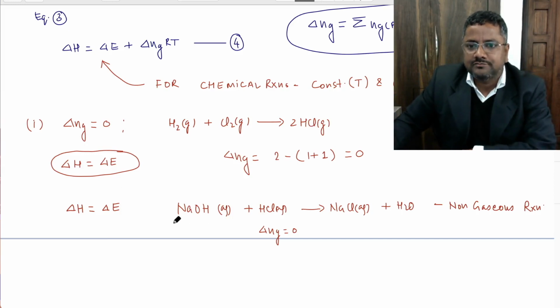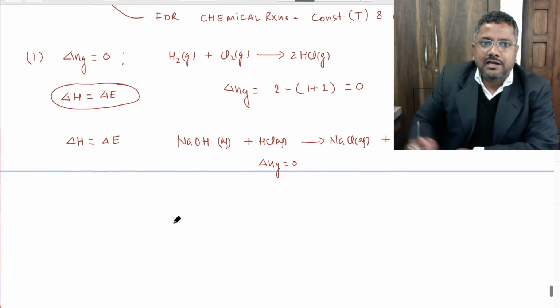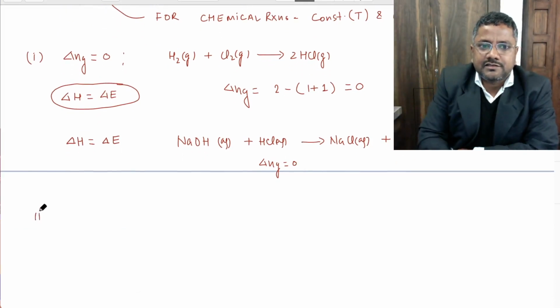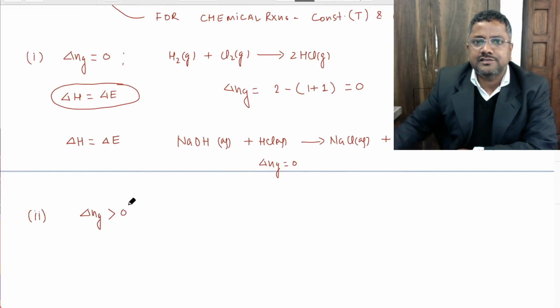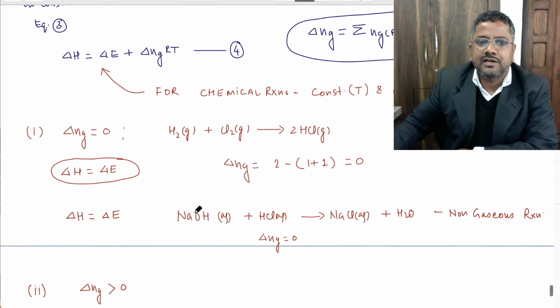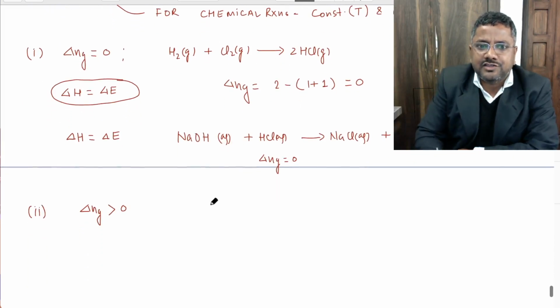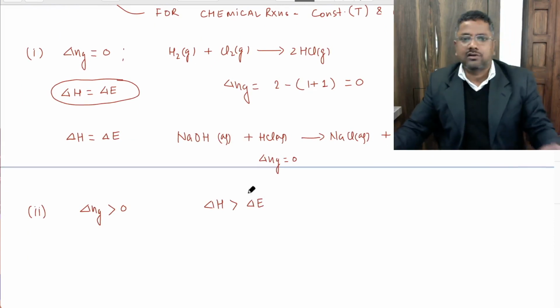Clear to everybody? Okay. In the second case, if delta Ng is greater than 0, meaning delta Ng is positive, then definitely delta H is more than delta E, meaning delta H and delta E are not equal.